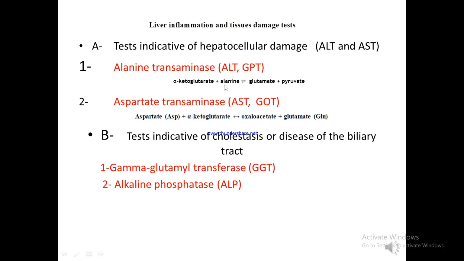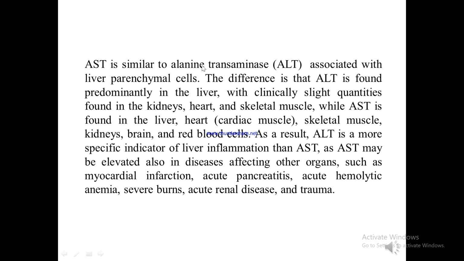Now we make a comparison between alanine transaminase and aspartate transaminase. The similarity, as in this slide: aspartate transaminase, similar to alanine transaminase, is associated with the synthesis part of liver parenchymal cells.